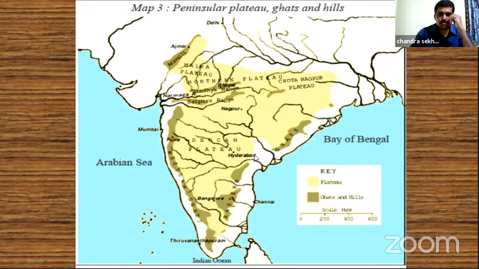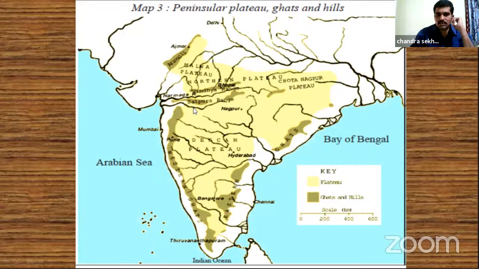That's why through the passes the rivers flow towards the eastern coastal plain and discharge their water into Bay of Bengal. Here the Godavari, Krishna, Penna, and Kaveri, an important river in Tamil Nadu, are the important peninsular rivers.